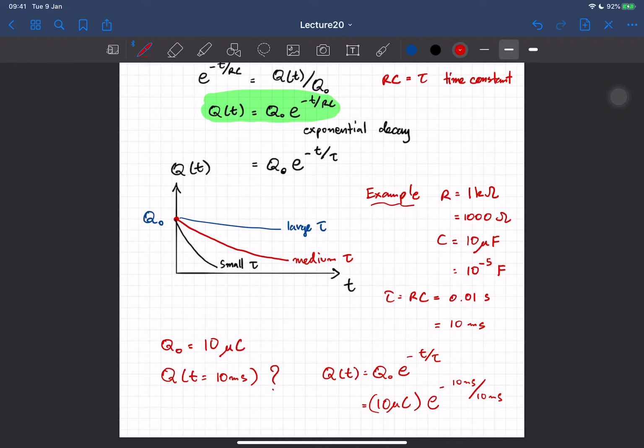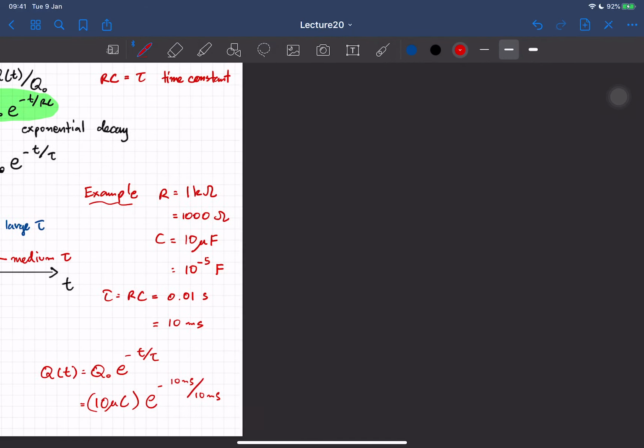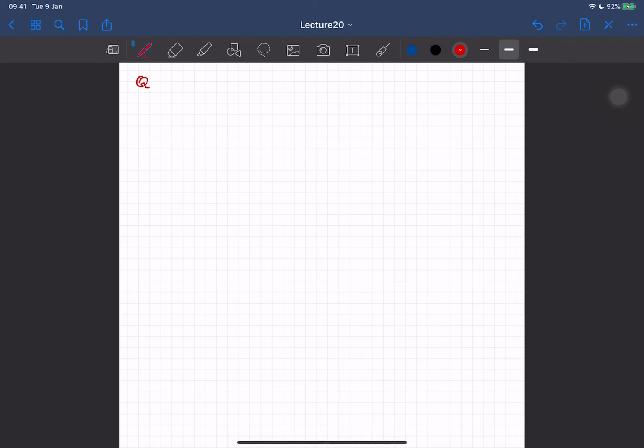So they cancel out, and it's just minus 1. So Q at t equal to 10 millisecond is 10 microcoulomb times e to the minus 1.